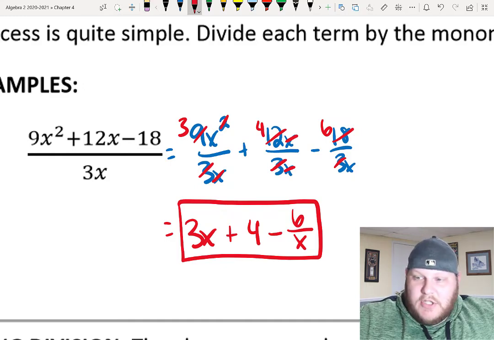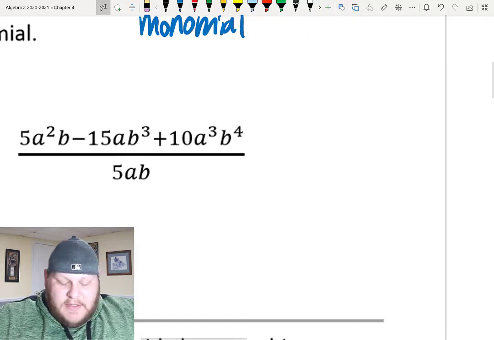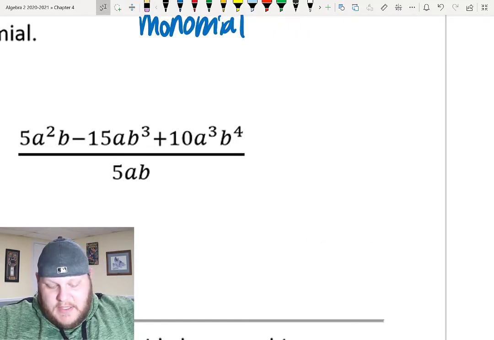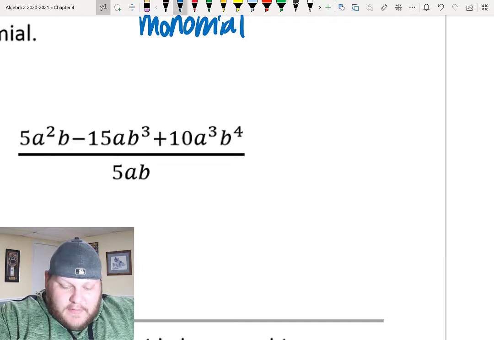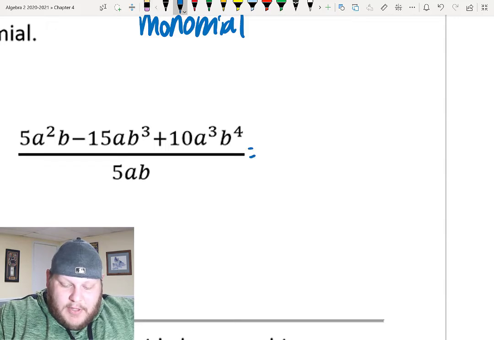So we'll give another shot, something a little bit more complicated. With this next one, 5a squared b minus 15ab cubed plus 10a cubed b to the fourth, if we're dividing that by 5ab, we're again going to just start by separating that out.